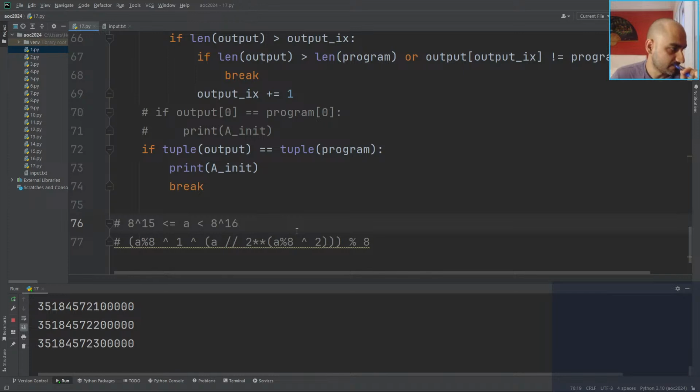What does it mean to divide by 8? That's a bit shift, isn't it? A bit shift of 3. That's quite key, isn't it? Because that means we are actually looking at groups of 3 bits in this number A, and it's somewhat independent.